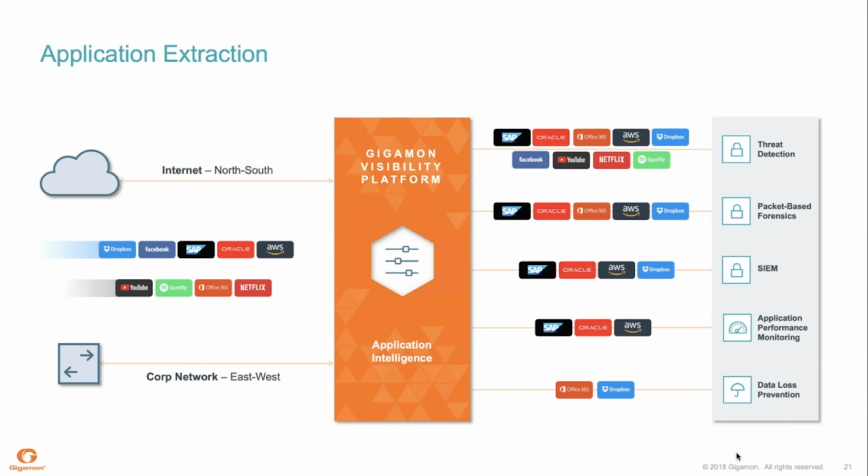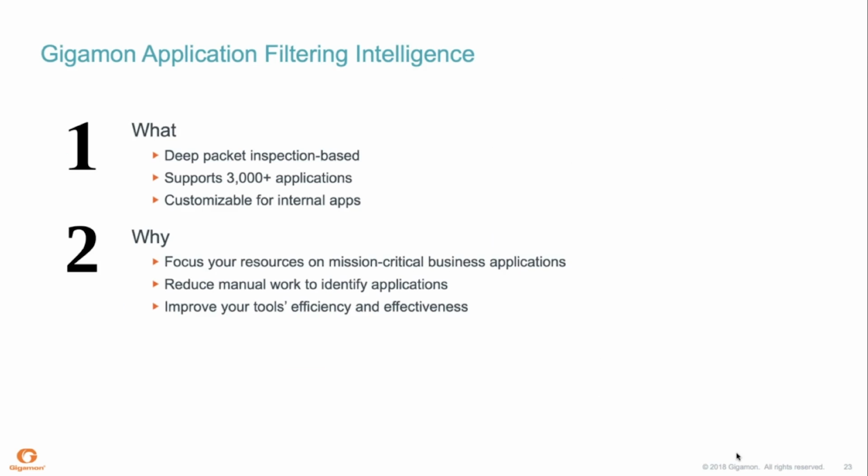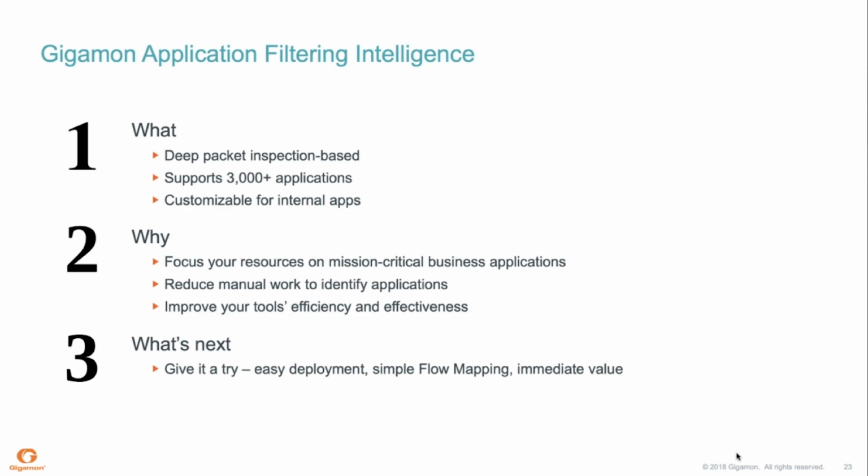And so Dave, let's go forward. I know you had a couple of things you wanted to talk about as well. But before we get to your point, in summary, this is about application filter intelligence, is what the session was about today. It's deep packet inspection powered identification of over 3,000 applications.